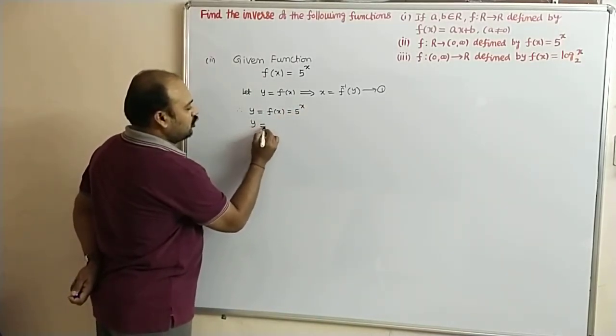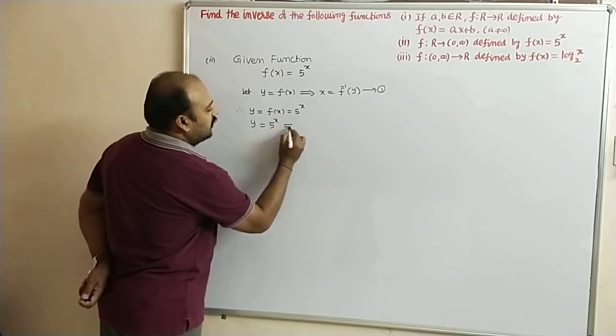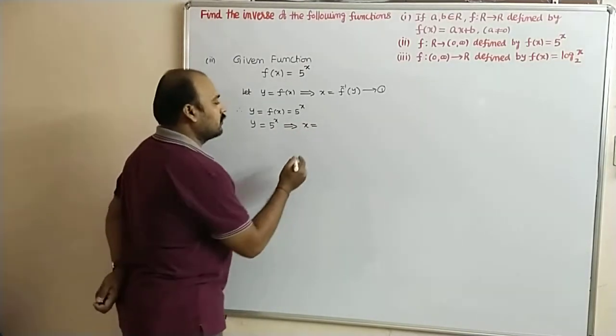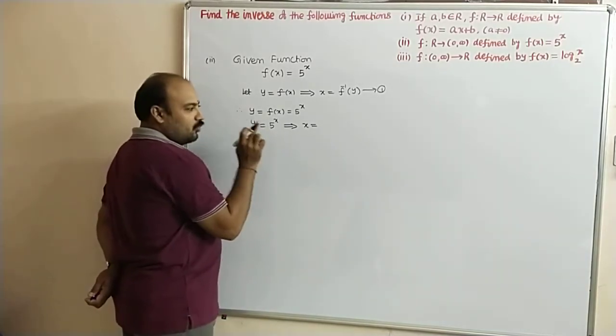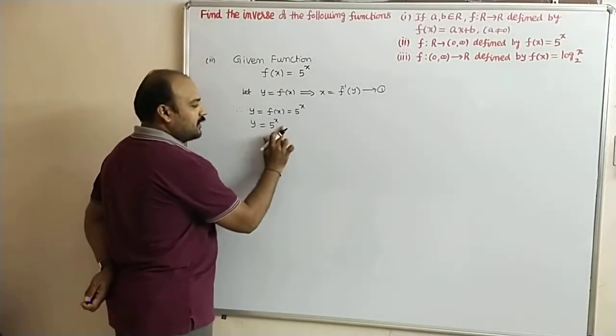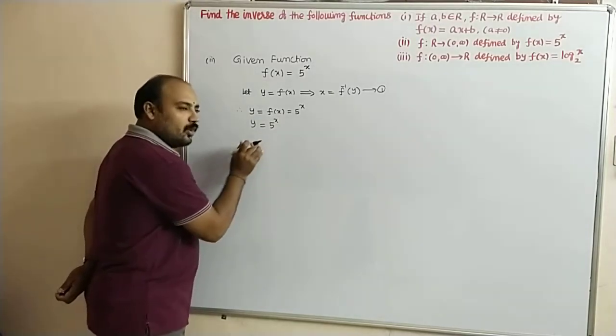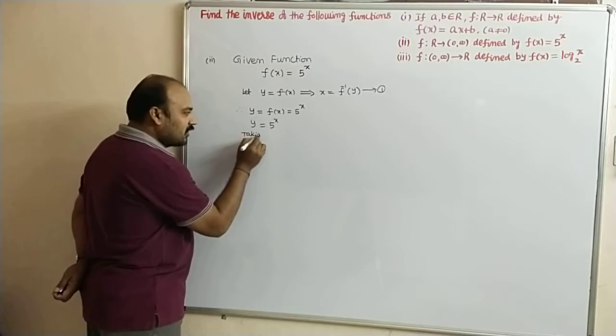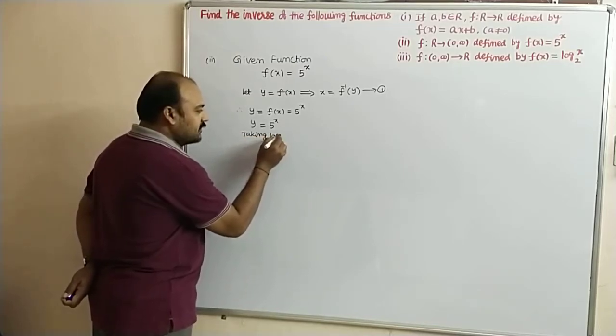Therefore, y is equal to 5 power x. If we are not able to write x directly in terms of y, what we have to do is take log on both sides.